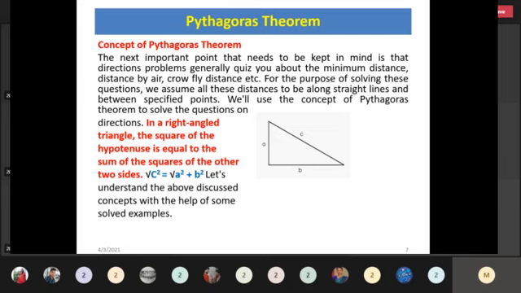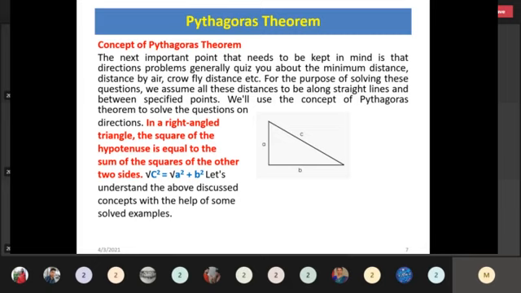Let us understand the above discussed concept with the help of some solved examples. Once again, the Pythagoras theorem is very important. We have learned it in mathematics in the lower classes, but still it is my duty to remind you what Pythagoras theorem means. In a right angled triangle, the square of the hypotenuse is equal to the sum of the squares of the other two sides.